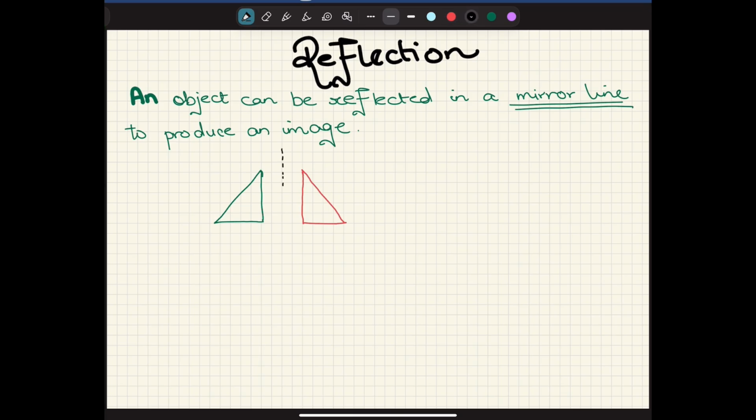And our line of reflection is this. Okay, so triangle A is mapped onto triangle A prime. Now you need to keep in mind a couple of things. Firstly, the image is always exactly the same shape and size as the object. So same shape, same size as the object, but the image faces the opposite direction.